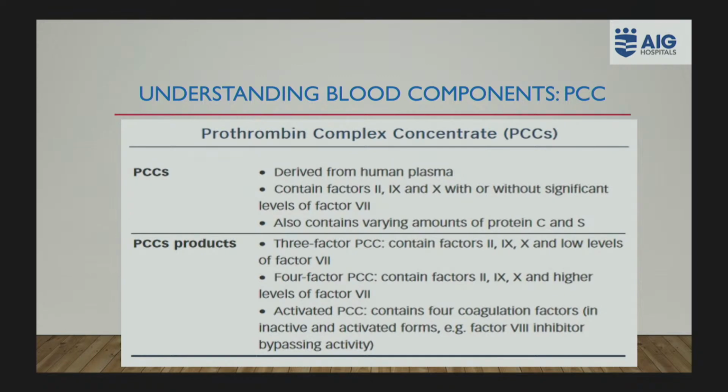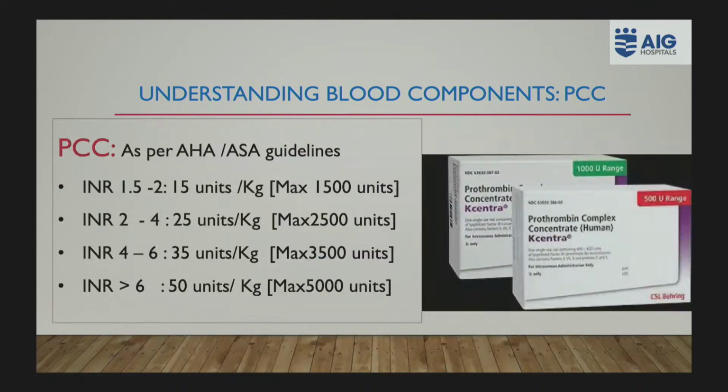To immediately reverse the effect, 4-factor PCC has to be considered because it has higher levels of factor 7. An activated PCC contains 4 coagulation factors, along with activated and inactivated forms of factor 8 inhibitor bypassing activity.